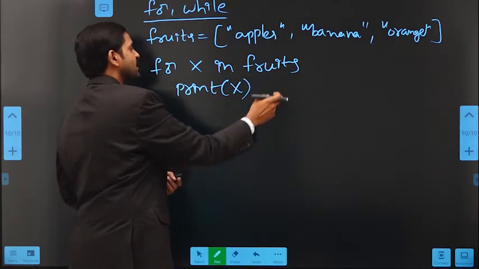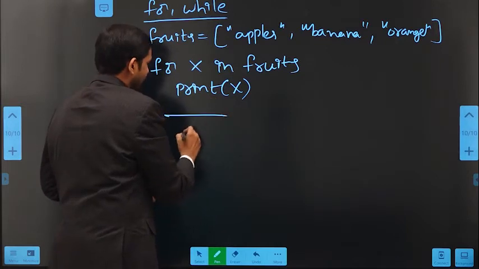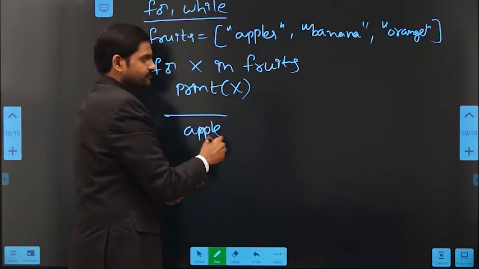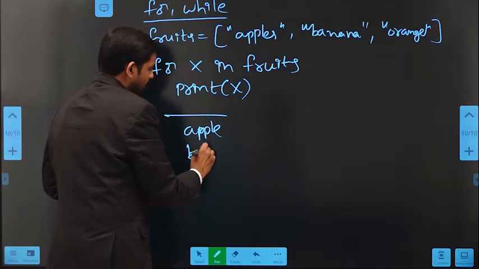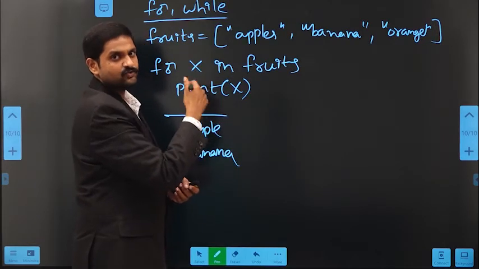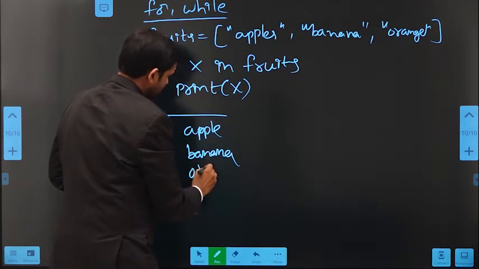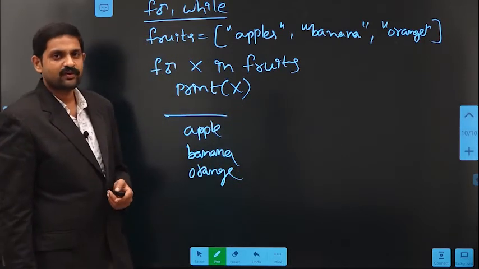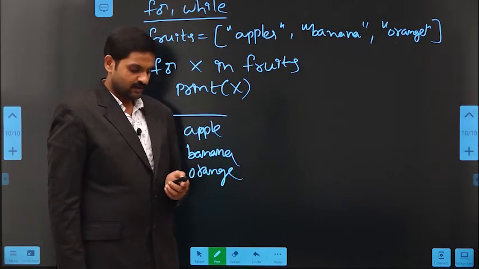In the first iteration, apple will be printed. In the next iteration, banana will be printed. And in the last iteration, orange will be printed. This is the output for the for looping.